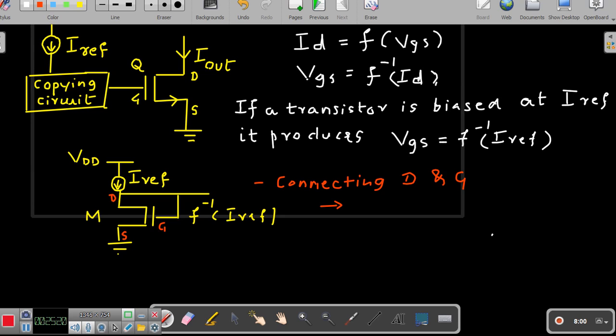I don't know whether you have studied these things in your analog electronics or not. This is called a diode connected transistor.